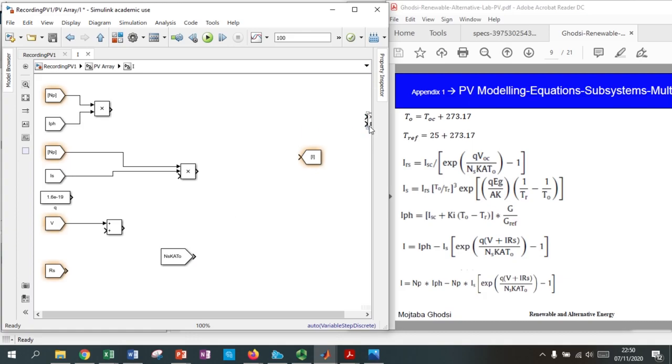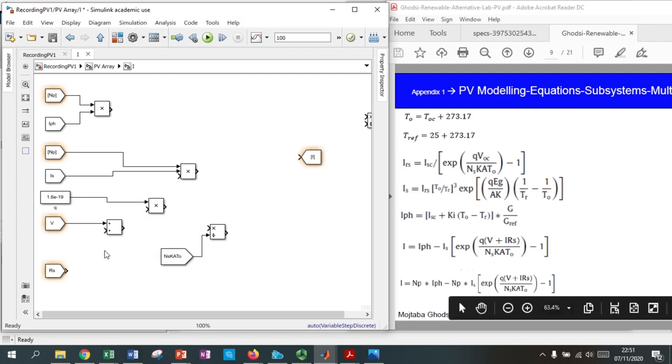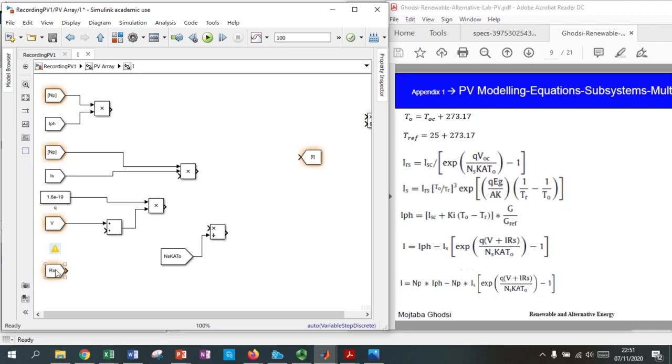and then we have one division, and we have one multiply, which is the Q multiplied to V plus the output of this one coming to here, I times RS.